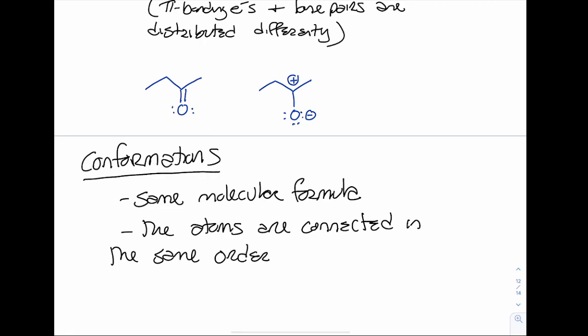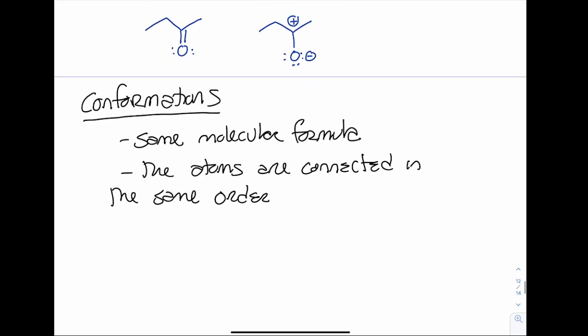These guys are actually not different molecules. You could almost think of them as identical, but just oriented differently. So same atoms, the atoms are connected in the same order.